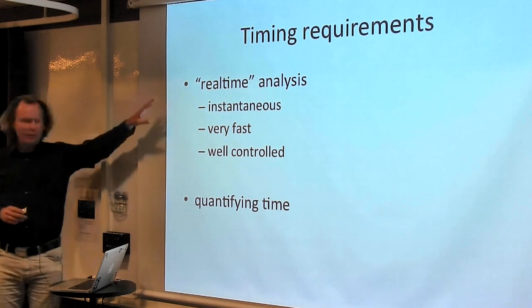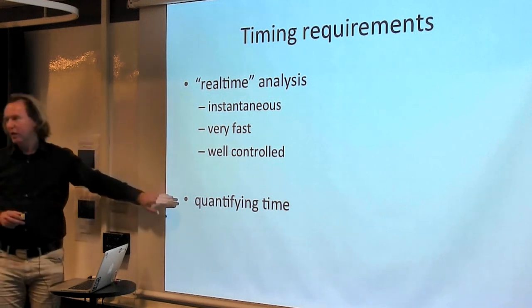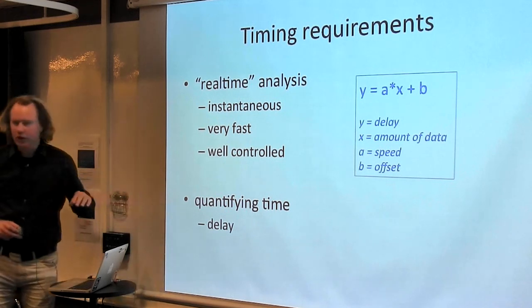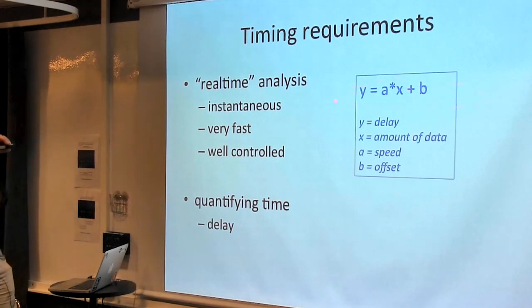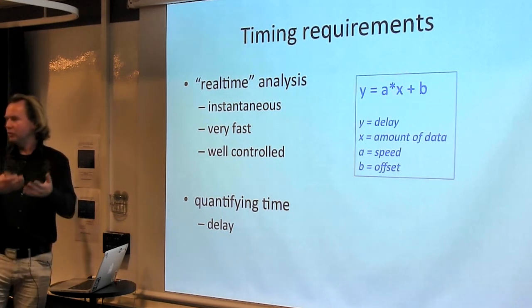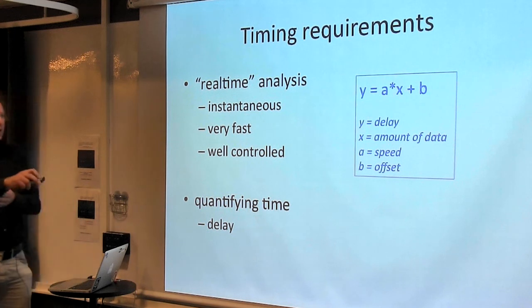So if you want to address timing requirements, it's more about quantifying the timing requirements. If we look at this simple linear model, we have the delay y, which is a function of the amount of data that has to be passed through the system, passed through the interface or passed through the processing pipeline.